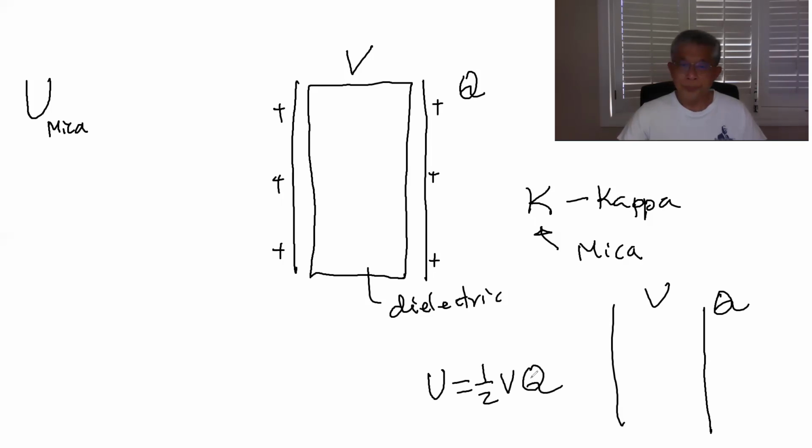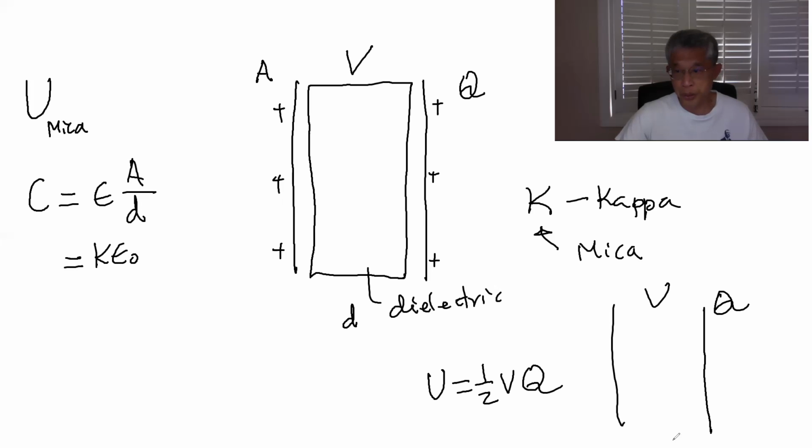And now if I put my kappa in there, I know the C will be different. It's not epsilon 0, it's epsilon. D didn't change, A didn't change, the area of one of the plates. But epsilon changes: it is equal to K epsilon 0.